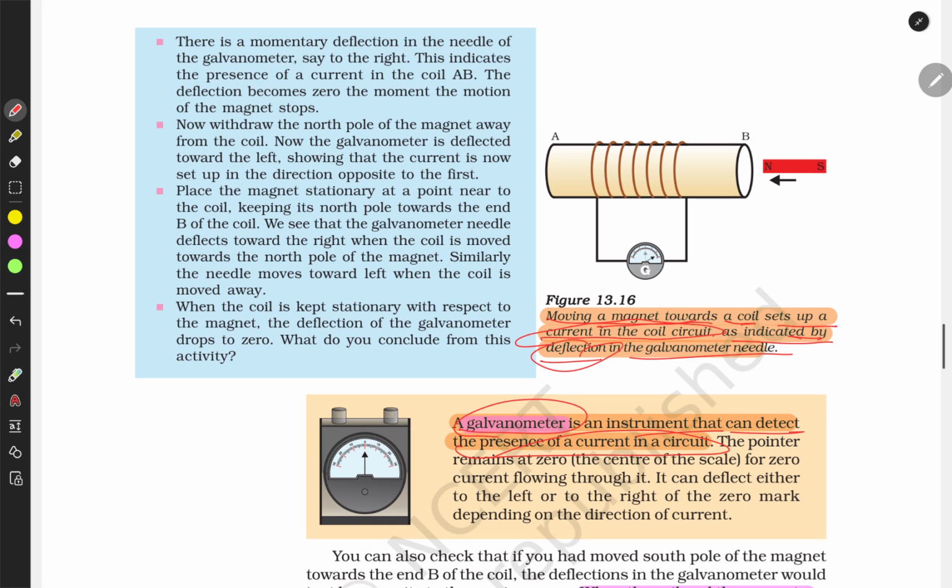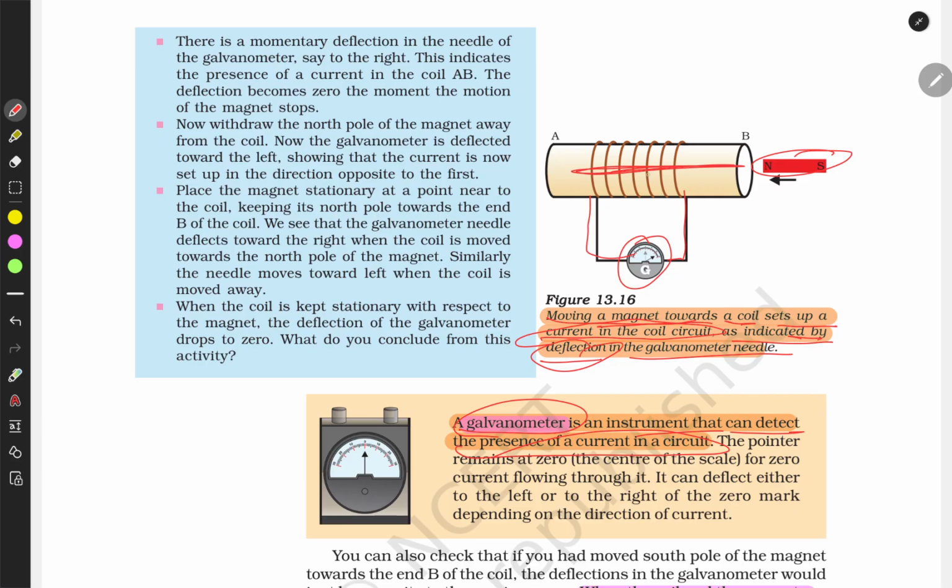So what we are doing is making a solenoid and connecting the solenoid ends with a galvanometer, which will detect the presence of a current, if any. When we move a magnet in the solenoid to and fro, the magnetic field changes; a constant magnetic field will not have any effect.